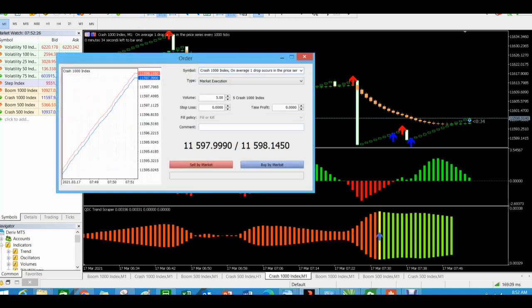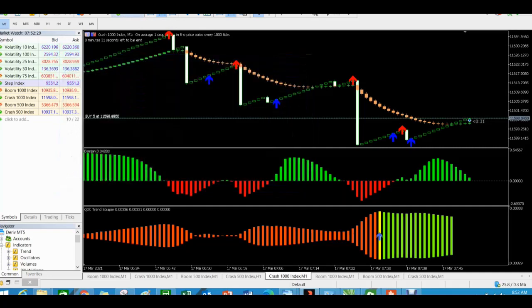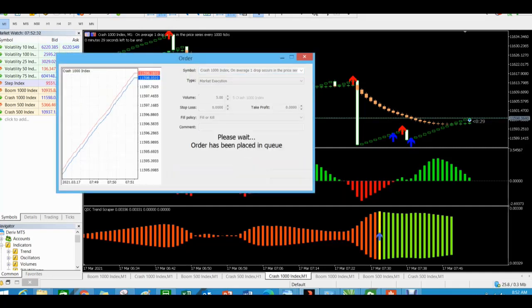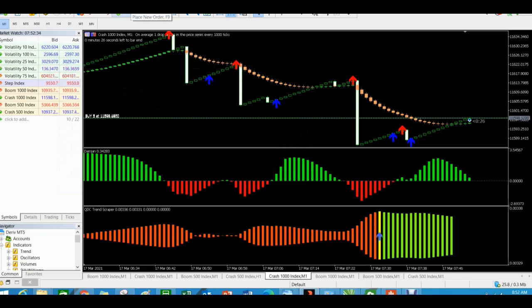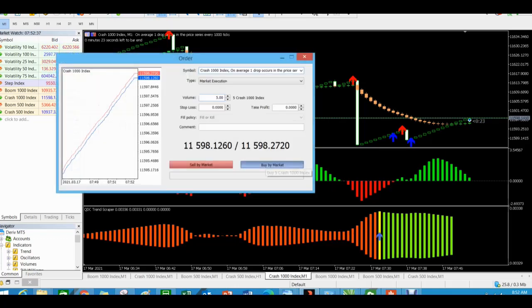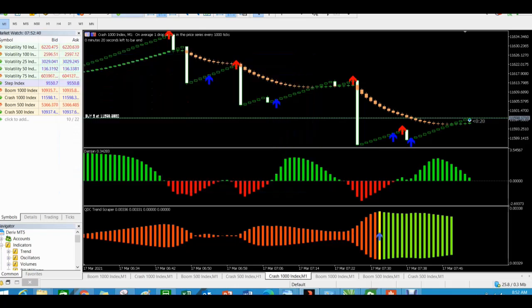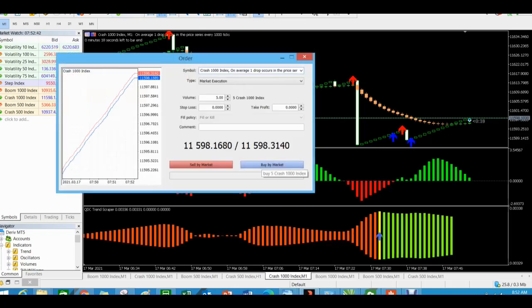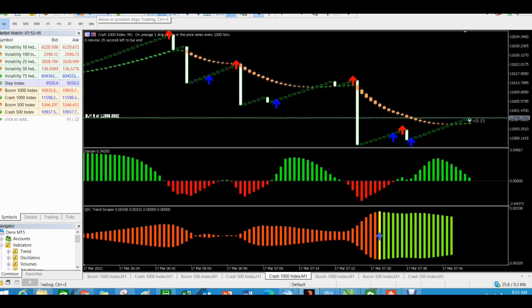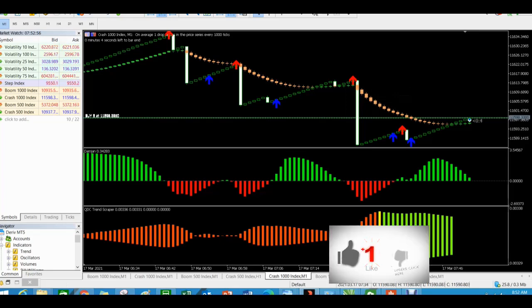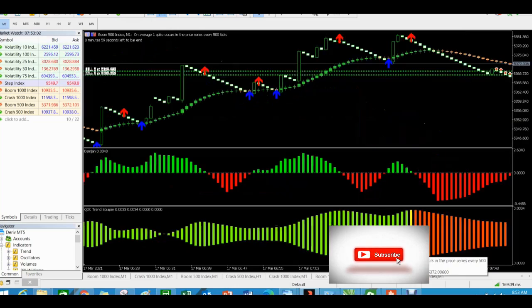That is why, most especially when you have large capital, all these indicators make it very easy for you to trade with, because all you need to do is set it up on the charts, Boom 1000 and Crash 1000, Boom 500 and Crash 500, and you monitor it. You don't even need to stay for long before you start milking your profit.